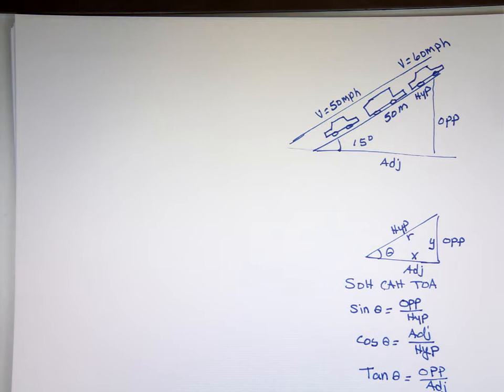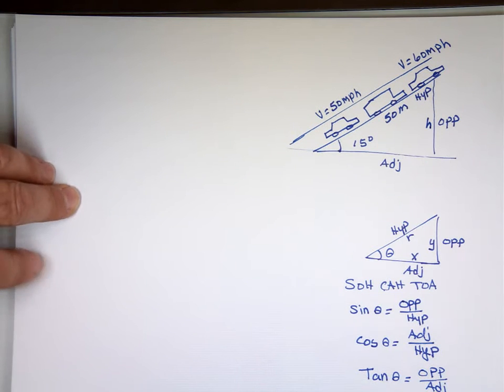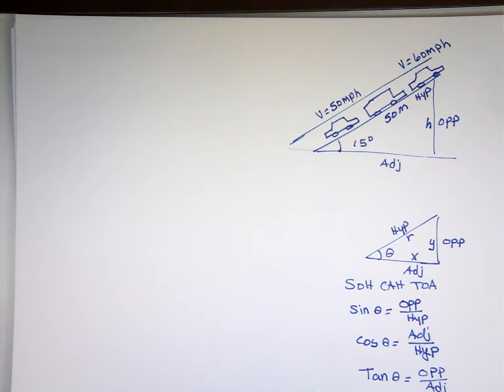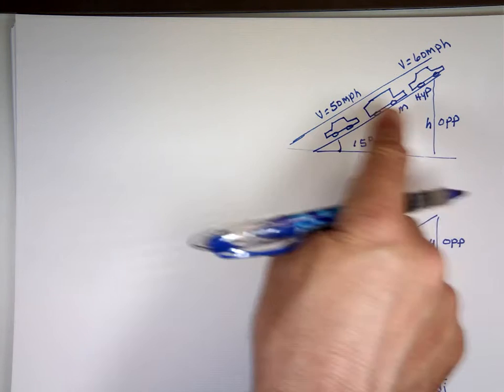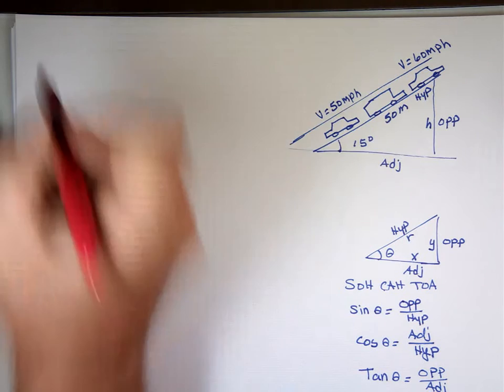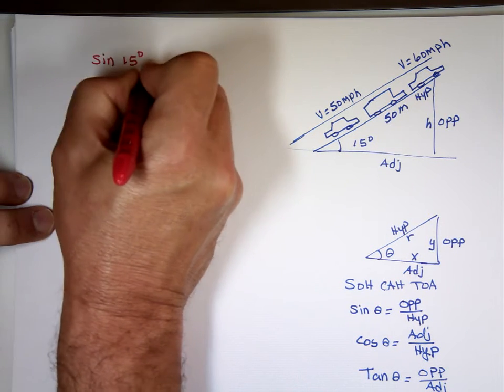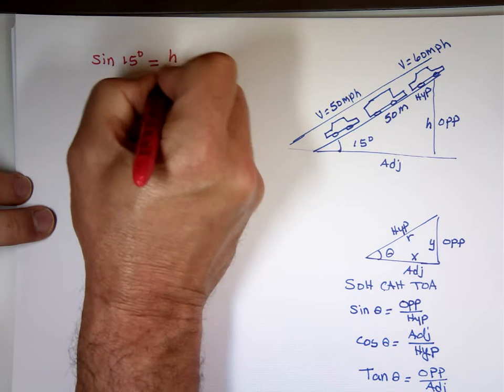Since I need to know what the height, I need to know what H for this example is, the height, because the potential energy depends on the height. So I have the opposite and the hypotenuse. I have to use which one? The sine, because sine uses opposite and hypotenuse. So if I use that here, we go sine of 15 degrees equals the side that's opposite over the hypotenuse, which is 50.